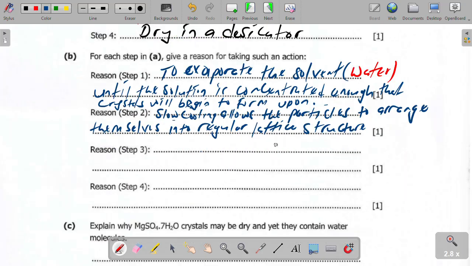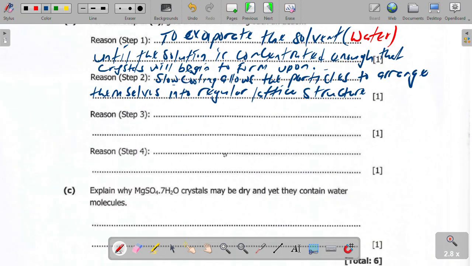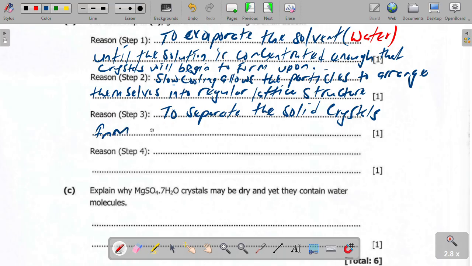And our second reason, for step number 3, why filter? Why are we filtering? To separate the solid crystals from the remaining liquid.